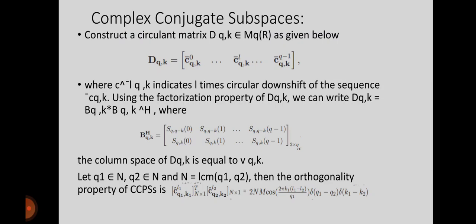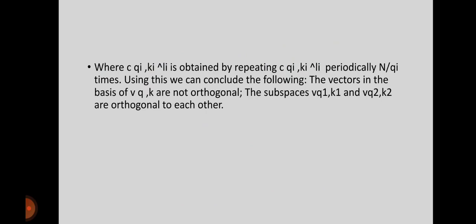Then the orthogonality property of the complex conjugate pair sum is C power L1 transpose and C power L2, where C power L2 is an N by 1 matrix, equal to 2N cos 2 pi k1 of L1 minus L2 by q1, and the impulse signal delta of q1 minus q2 into delta of k1 minus k2, where c q i comma k i power L i is obtained by repeating c q i comma k i power L i periodically N by q i times.